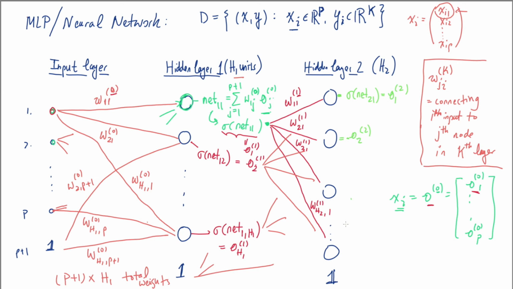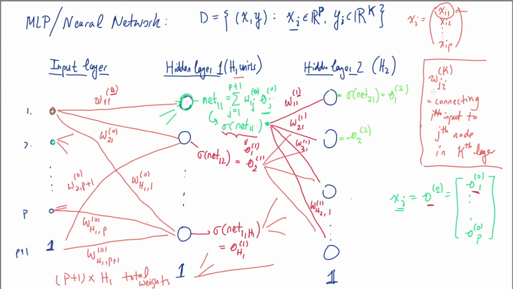This already looks quite messy, but the idea is hopefully quite easy. Each unit looks at the weights connected to it, looks at the inputs from the previous layer, computes this weighted sum, takes a sigmoid of that, and passes it on. The second layer looks back and does exactly the same thing with new weights, computing its weighted combination, taking a sigmoid, and passing it on.